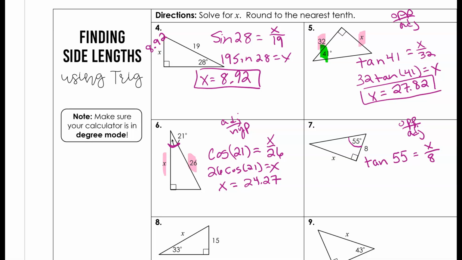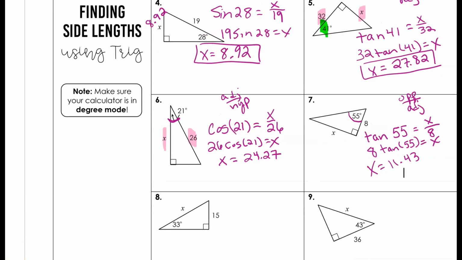If I want to find x, I need to multiply 8 times tangent 55. That'll give me x. And so I can flip my x over to the left side. That's algebraically acceptable. And whenever I put in my calculator 8 times tangent of 55, I end up with 11.43.